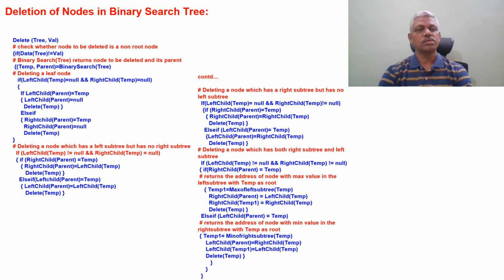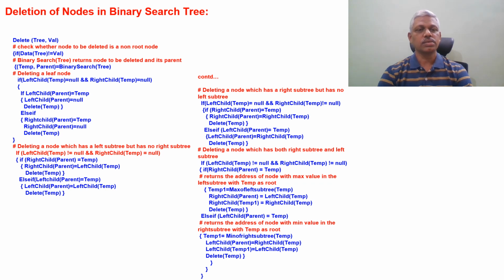In either case, if left child of parent is equal to temp, then make the left child of parent null and delete temp. Else, if it is the right child of the parent, then right child of parent shall be made null and temp has to be deleted. Now this is one case.